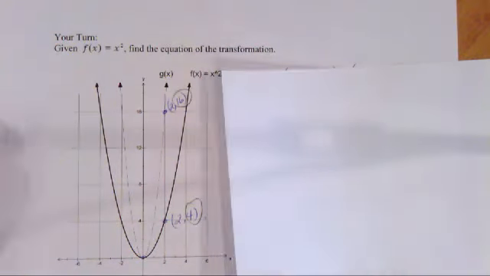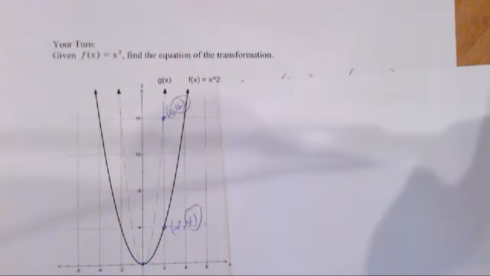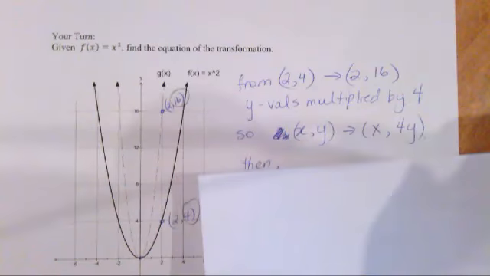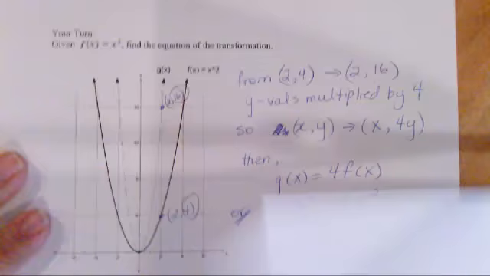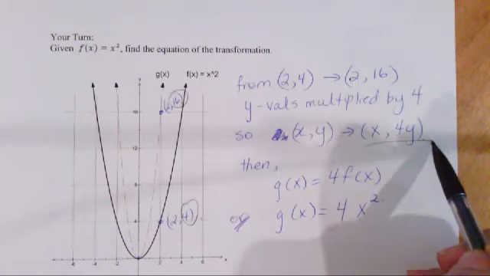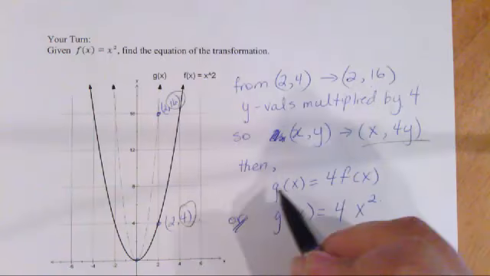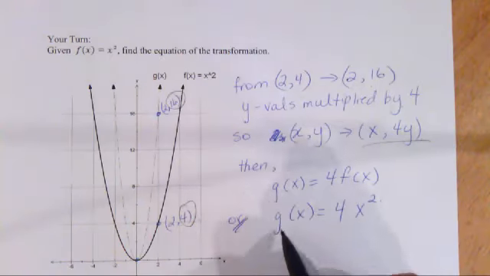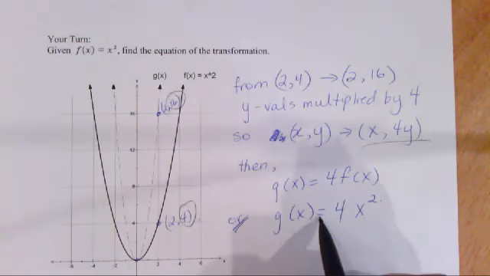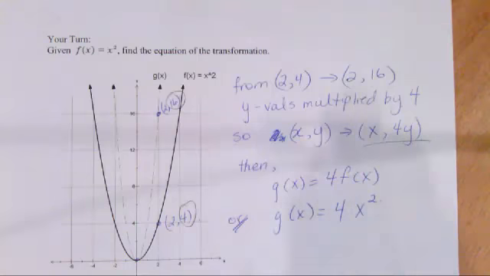Well, we basically took the y values and multiplied them by 4. And that's our mapping notation right here. This would be in terms of f(x), so 4 times f(x) is equal to g(x). And then if we wanted the actual equation of the graph, we would have g(x) is equal to 4 times x squared.